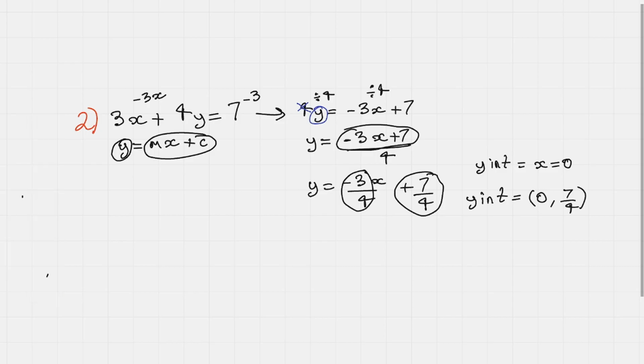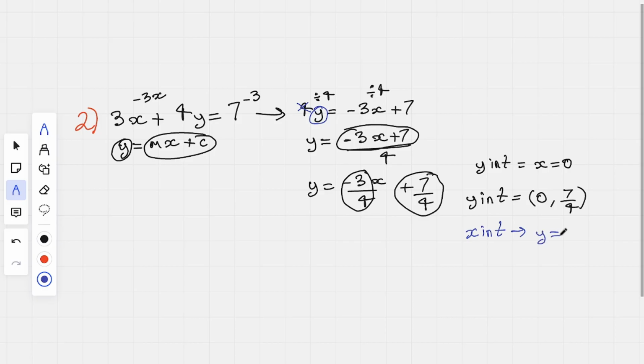Now, in order to find the x-intercept is where we have to do a bit of substitution. The x-intercept is when y is equal to 0. So, let's sub in y as 0. So, 0 is equal to negative 3 over 4 x plus 7 over 4.